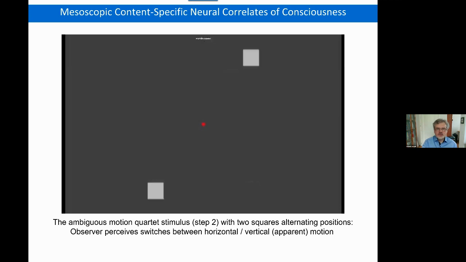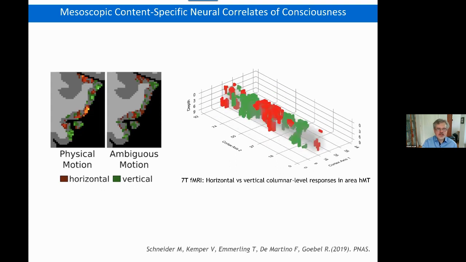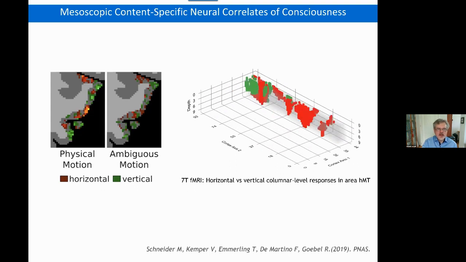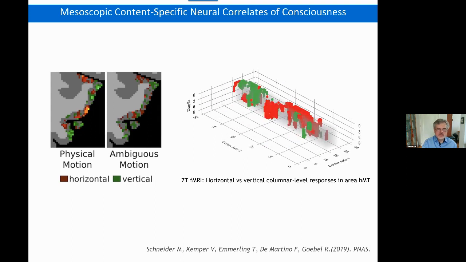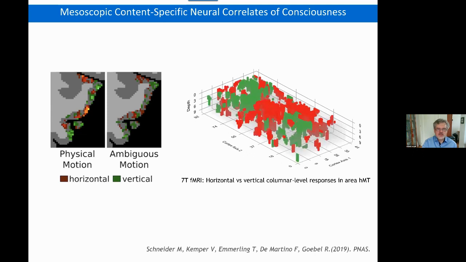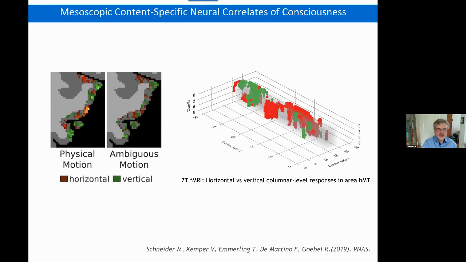And we now wanted to measure and relate whether the conscious percept of horizontal versus vertical motion was related to the axis of motion columns in area MT. We found and mapped these two axes of motion in area MT as shown here on the left upper side, and the activity during physical motion of horizontal and vertical motion versus the induced ambiguous horizontal vertical motion were largely overlapping as shown on the left.